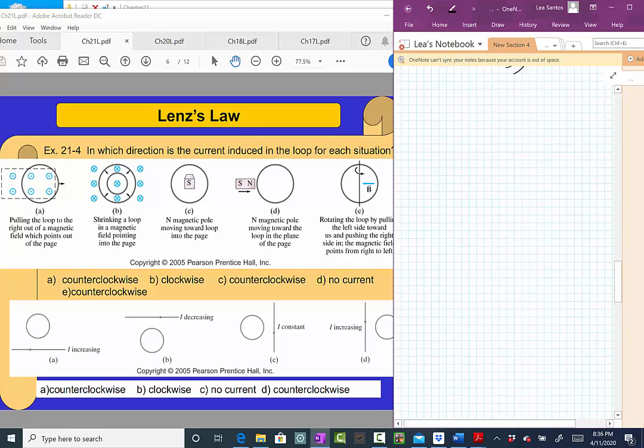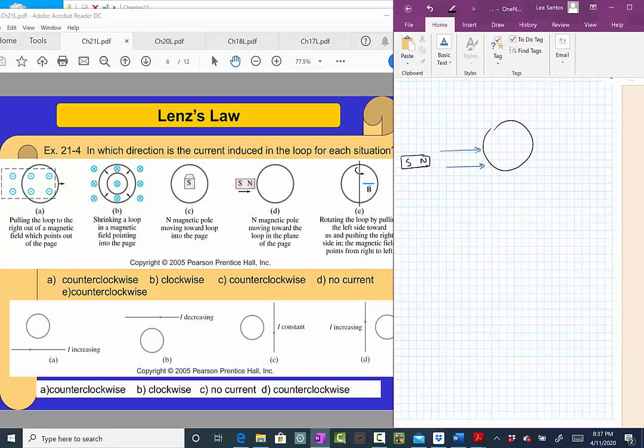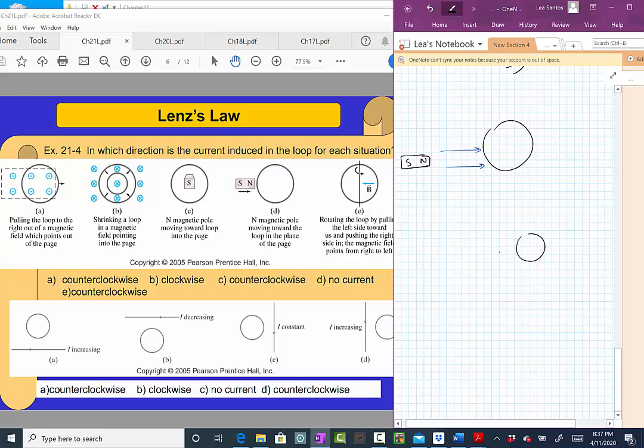Last one that we are going to see in this lecture is going to be the D. What is the D? We have our loop, we have a magnet, north and south, which means what is the direction of the magnetic field? Parallel to the loop. Okay, and what we are going to do, we are going to bring this magnet closer and closer. Well, what is going to happen? Nothing.